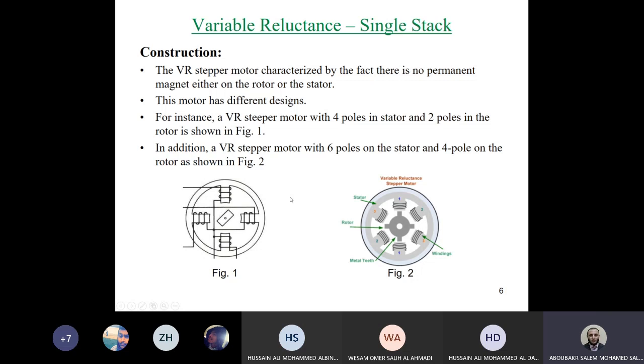This is for the stator. For the rotor, as you can see, it's just a bar of steel or iron, and it's composed here of 2 teeth. Here we have a variable reluctance rotor with 4 teeth.